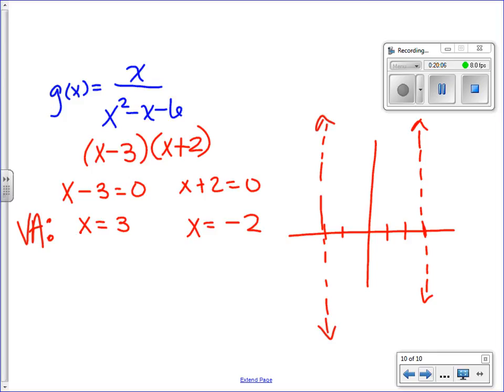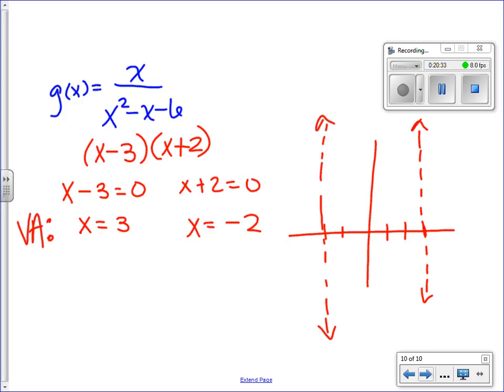Rational functions don't cross or touch a vertical asymptote. They get forever, infinitely closer to it. They don't touch them and they don't cross them. But forever and ever and ever get closer. But they never touch it.